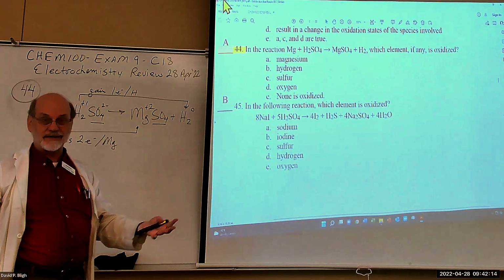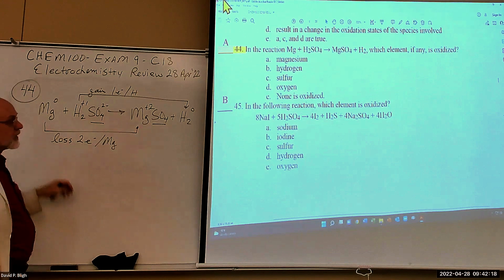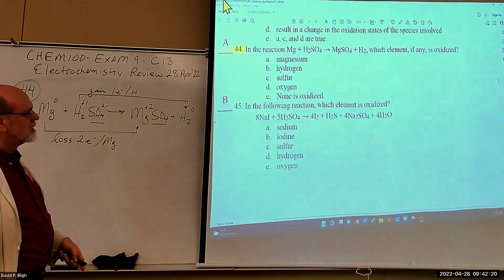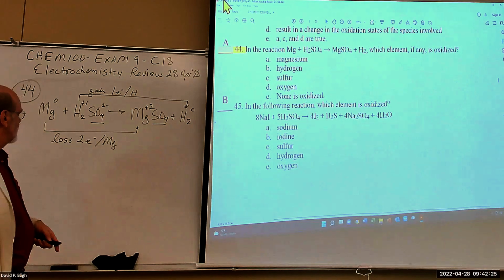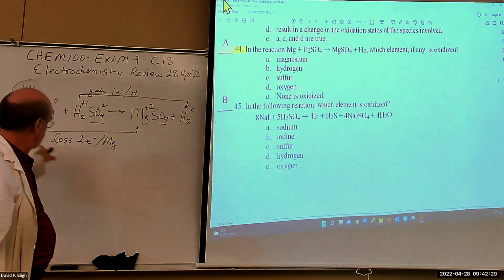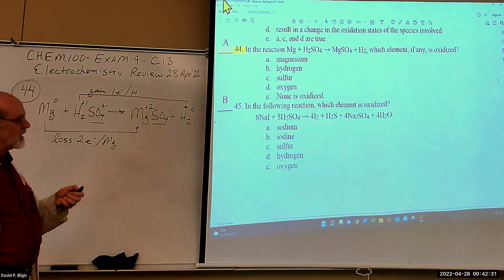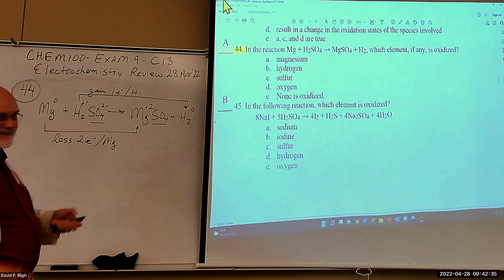You lose 2 negatives. Okay, so the question is, which element is oxidized? Oxidation is loss. Magnesium is oxidized. Okay?